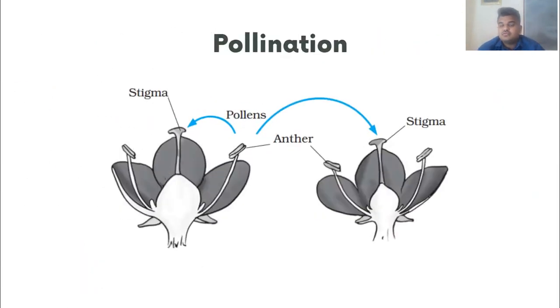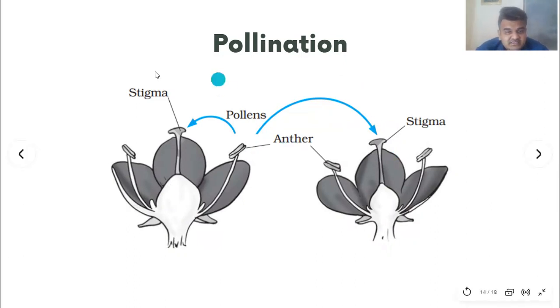So these were the main reproductive parts of a plant. After this, we have studied about pollination. From the anther, these pollen grains go to the stigma, of its own plant in one case, and in the other, the pollen grains go from the anther to the stigma of another plant. So what is the difference? Self pollination and cross pollination.